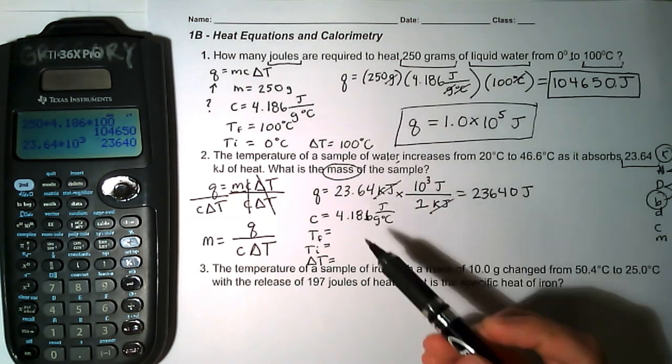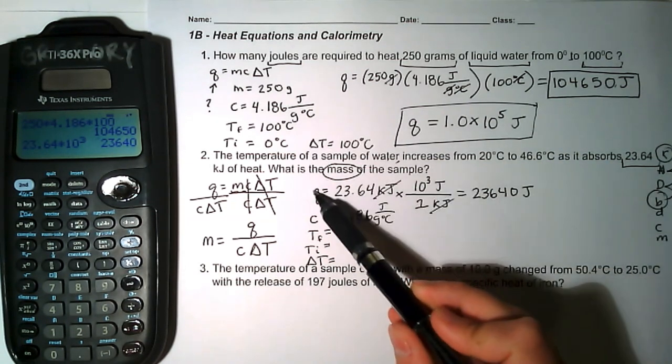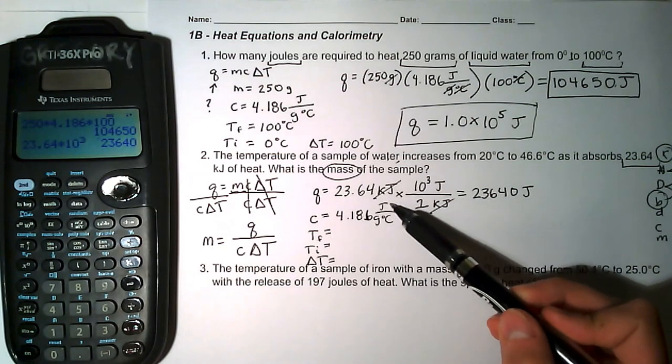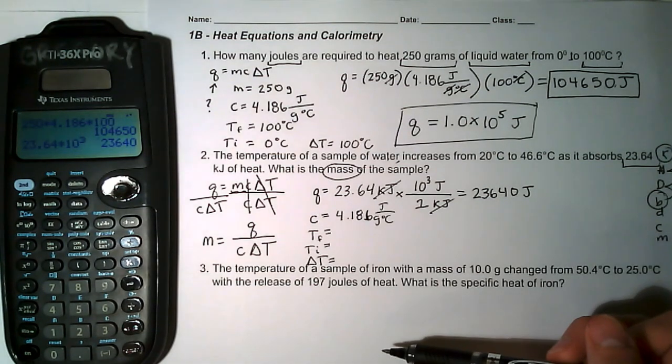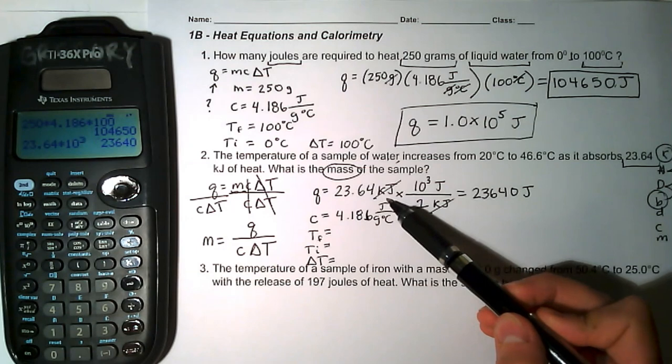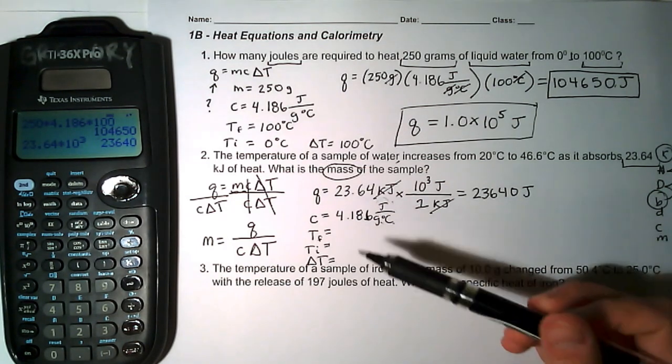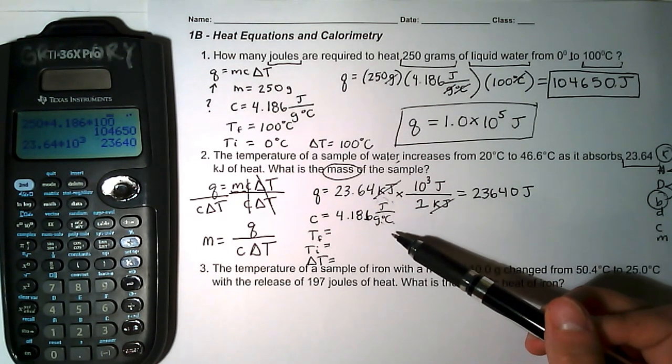Just incidentally, the reason that we need joules when we plug our value into our equation is because of the value for specific heat of water. It's in joules per gram degree Celsius, not in kilojoules per gram degree Celsius.